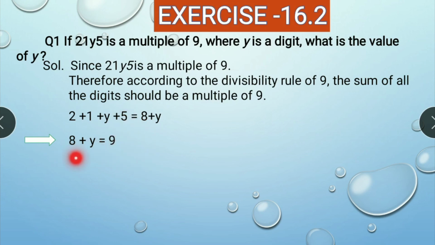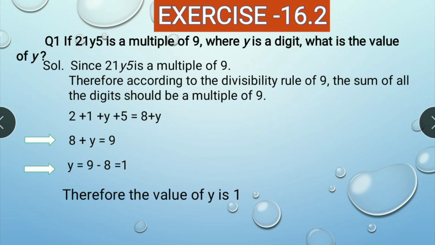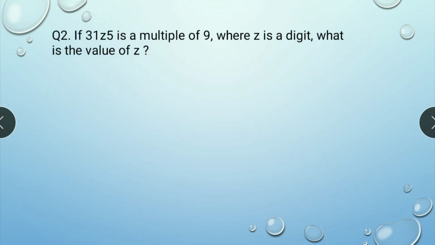So simply we can find the value of y. We know that 8 plus 1 is equal to 9, but still we will use this transposition method. y is equal to 9 minus 8 is equal to 1. So the value of y is equal to 1. Understood? Good. Now let's do one more question, that is question number 2.